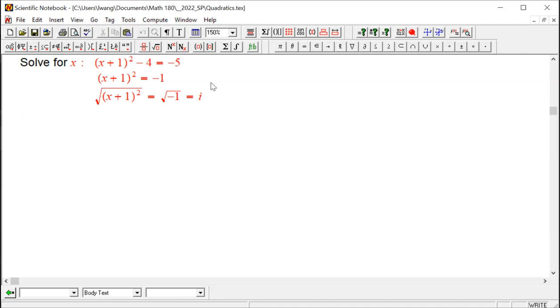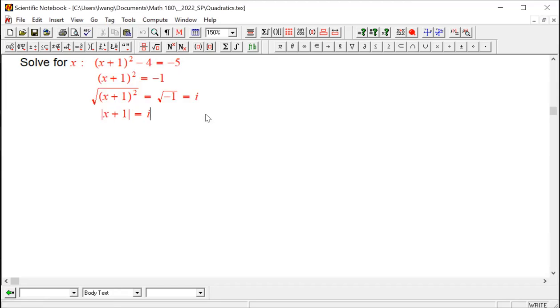The i in mathematics certainly is not the same as iPhone or iPad. This i really just represents this number. It's an imaginary number, okay? We can get two solutions, but those two solutions have no place on the graph.